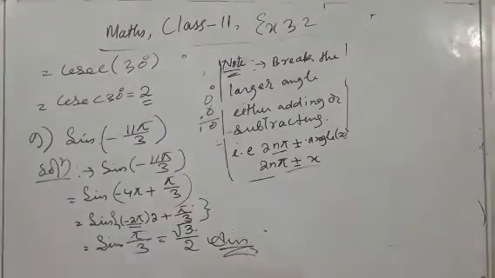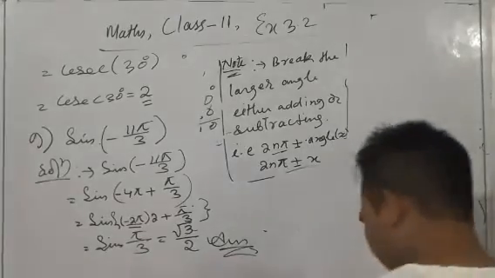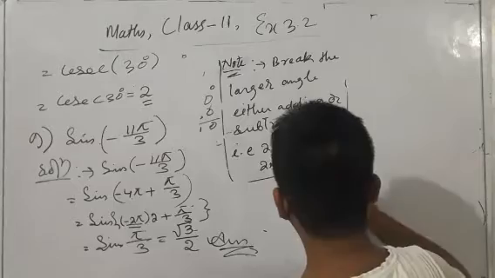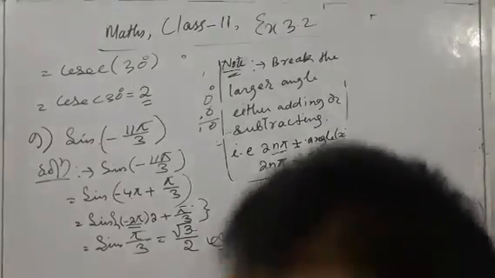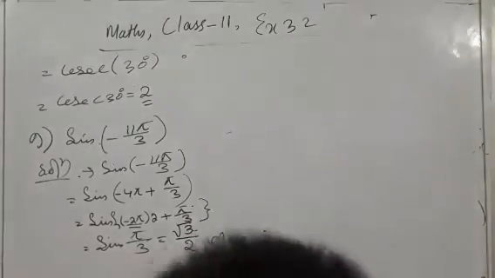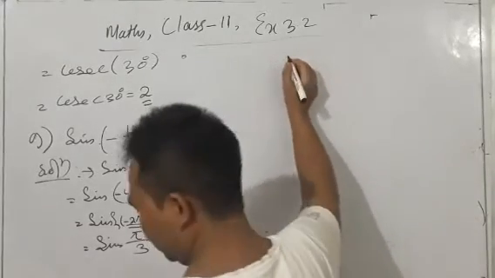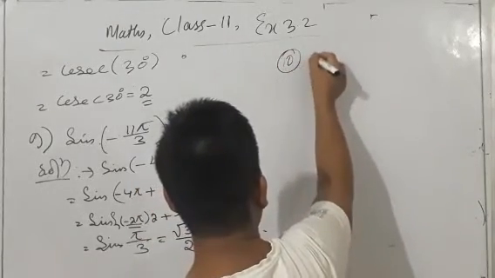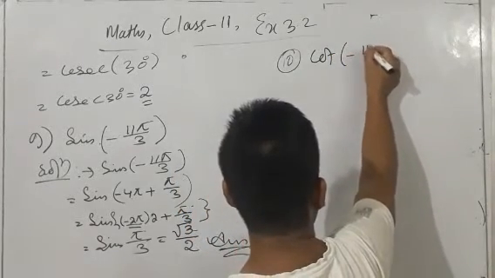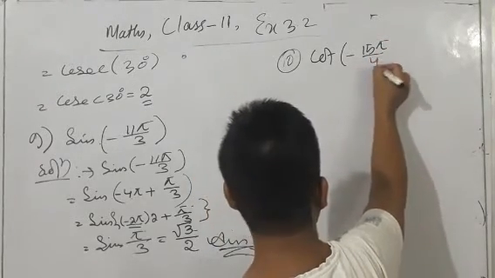Question number 10. There is cot of minus 15 pi upon 4.